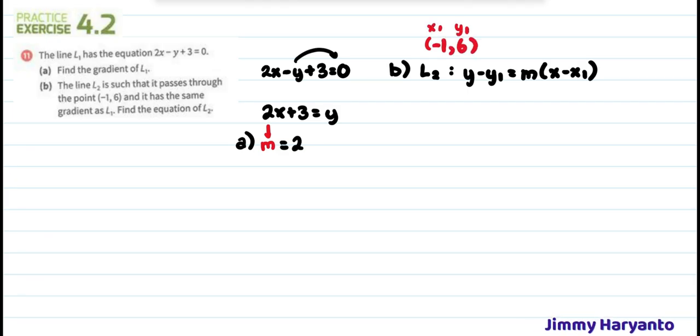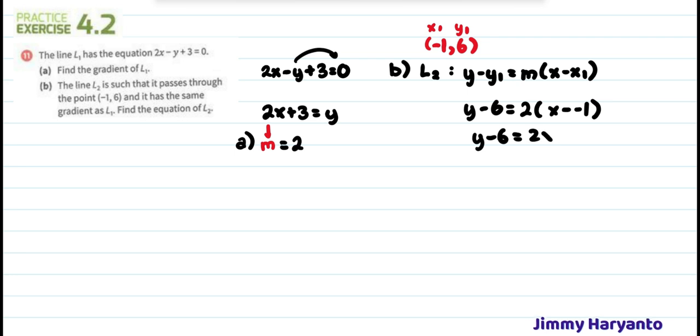We only have to input it right there. And then the gradient is the same as L1, which is 2. So y minus 6 equals 2 times x minus negative 1, so 2x plus 1 times 2 equals 2. So y equals 2x plus 2 plus 6 equals 8. So this is the equation of the line.